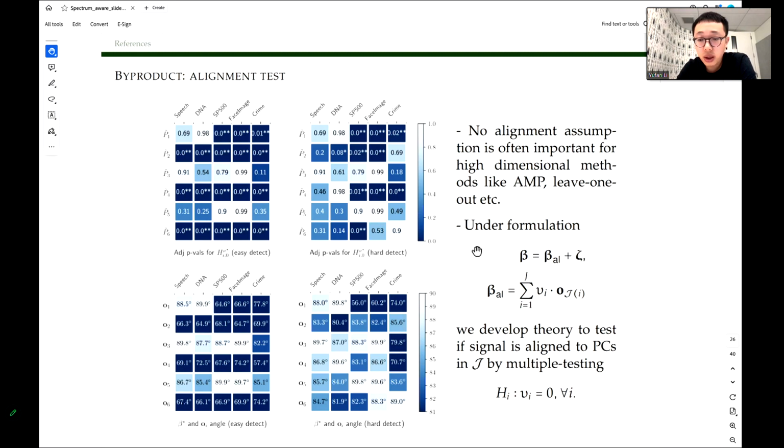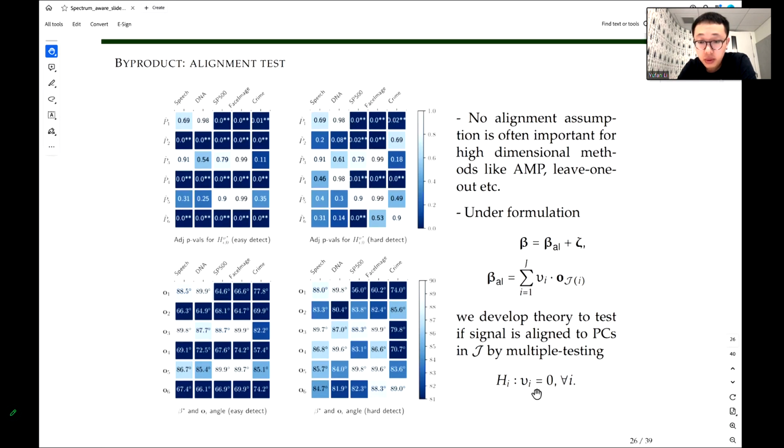So here under our formulation, we are able to actually test this by testing if these zeta i's are zero or not, because when they are zero, they do not align with a principal component. Otherwise, it will be non-zero.